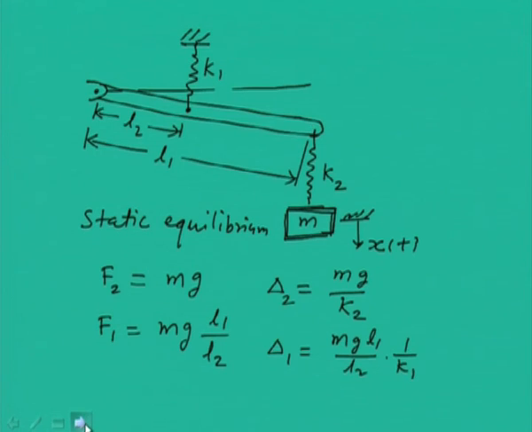So the total displacement of the mass due to the two extensions will be delta 2 plus delta 1 times L2 by L1, because it will get magnified at the free end because of these lengths.